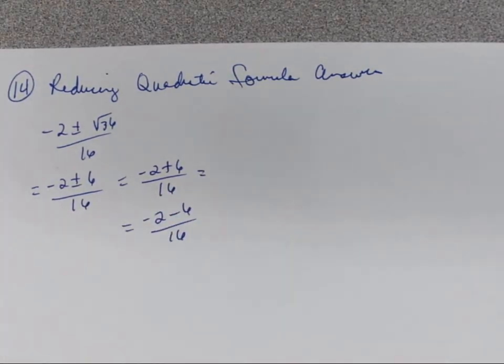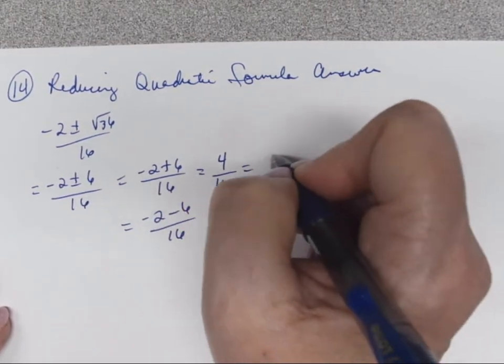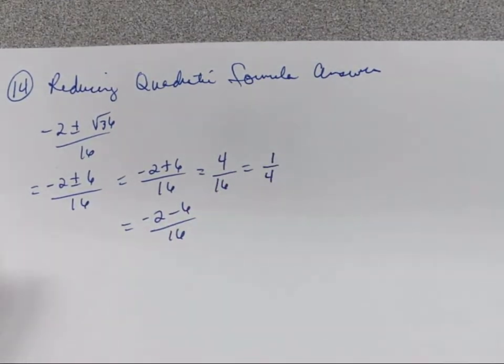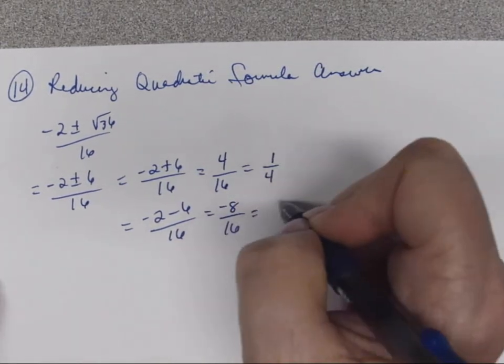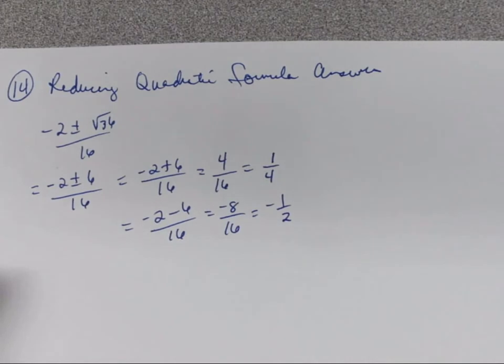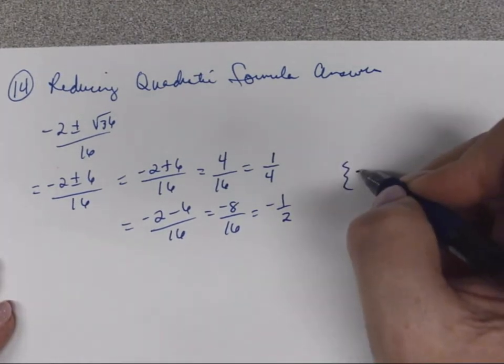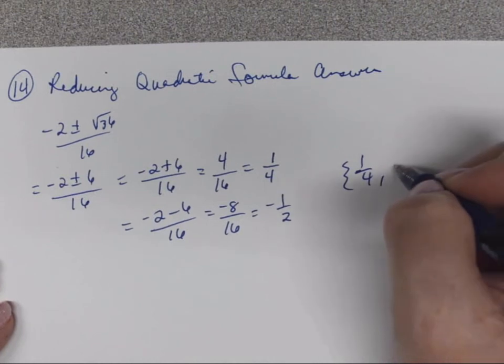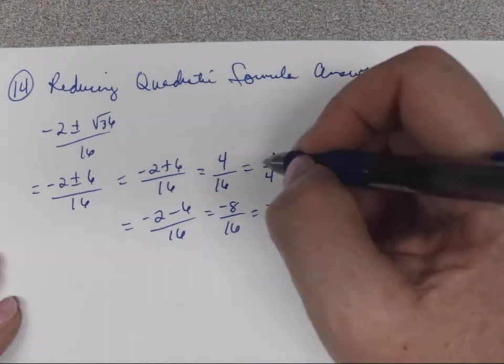Well, negative 2 plus 6 is 4 over 16, and that reduces down to 1/4. Negative 2 minus 6 is negative 8 over 16, which gets you negative 1/2. So here, your final answers would be 1/4 and negative 1/2. That would be the final answers. Okay? Or you can box them either way.